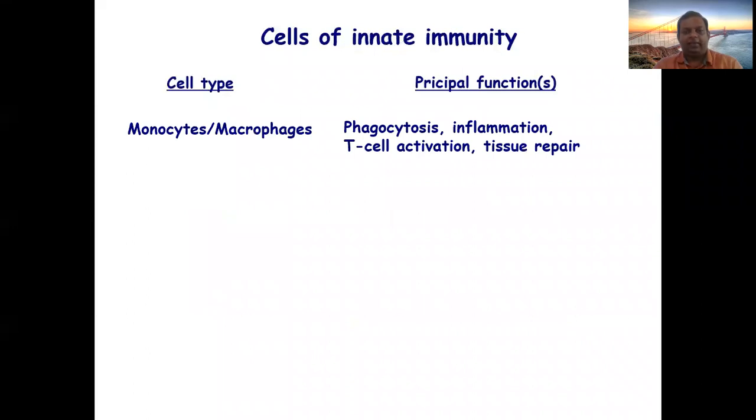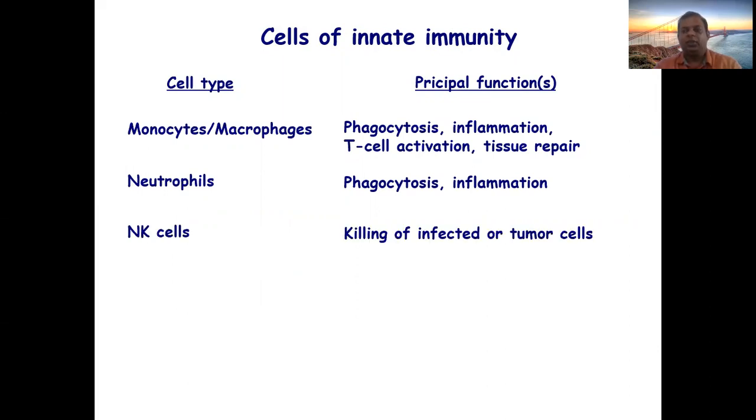So about the cells of innate immunity, as I said earlier, monocytes and macrophages. Main actions are phagocytosis, provoking or initiating inflammation, later T cell activation, and tissue repair as well. Neutrophils mainly do phagocytosis and initiate inflammation. Natural killer cells kill infected cells, mainly virus-infected and intracellular pathogens, or act on tumor cells as well, foreign cells.